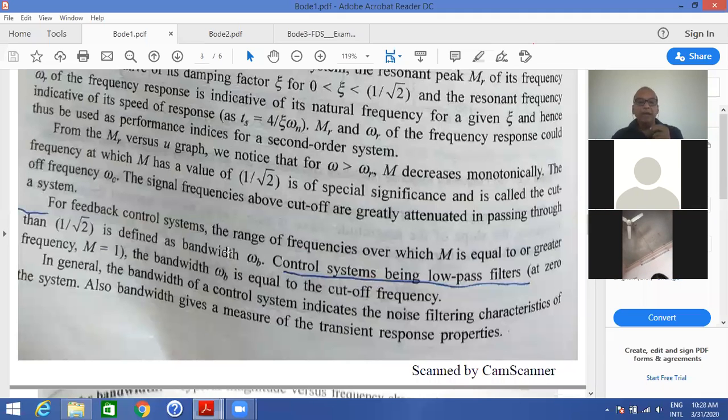Again, at bandwidth, U is equal to UB, equal to omega B. The control system being a low pass filter, at 0 frequency the magnitude is equal to 1, and the bandwidth omega B is equal to the cutoff frequency.